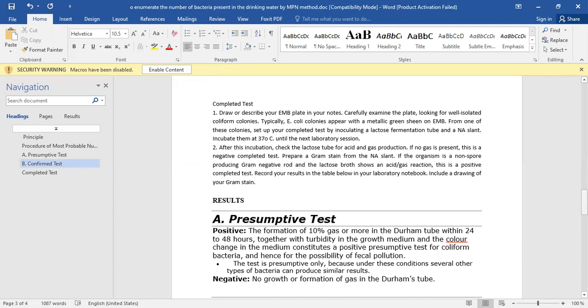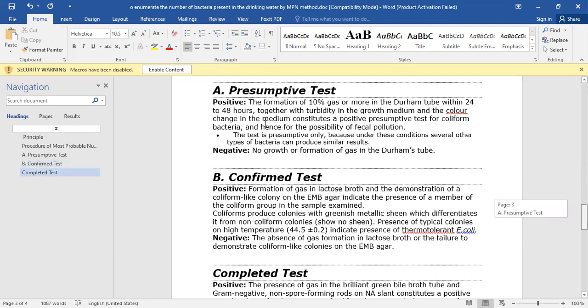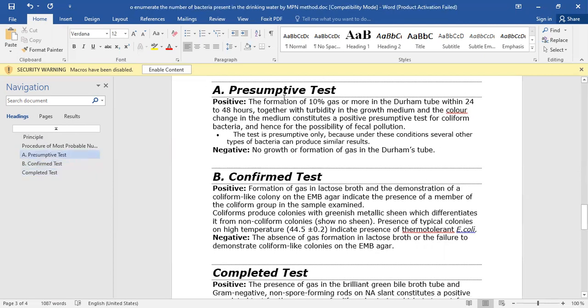So what are the results in the presumptive test? When will it be positive? The formation of gas in the Durham tubes within 24 to 48 hours indicates that the test is positive. And what is negative? No gas formation in the Durham tubes indicates that the test is negative.